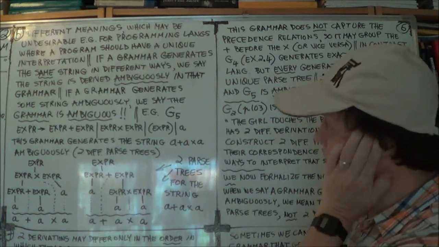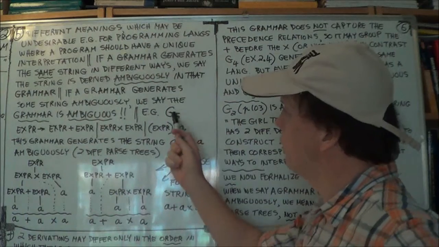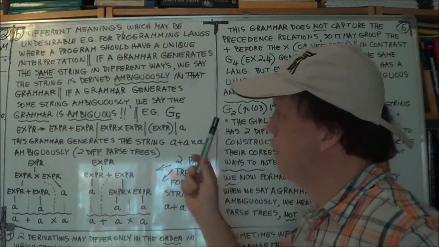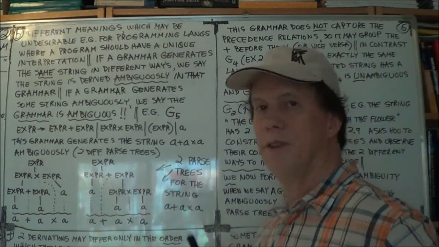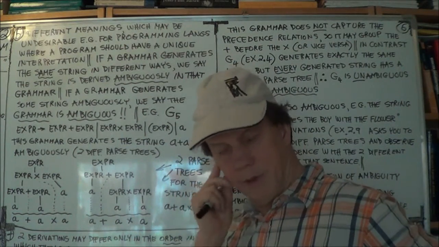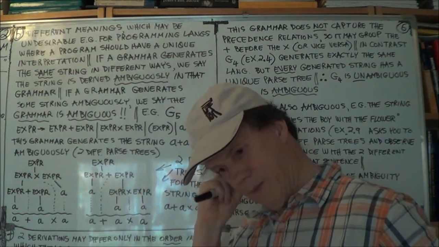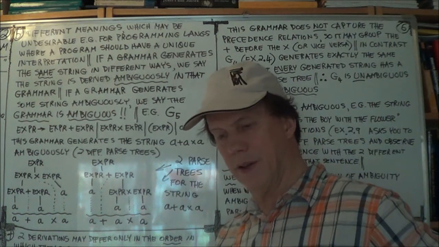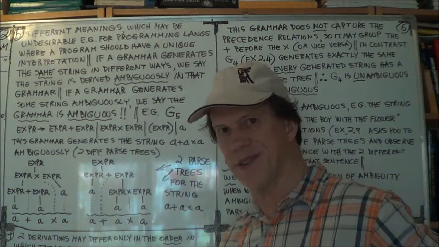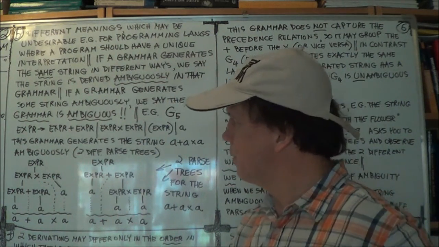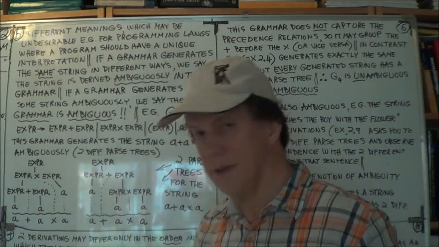Alright, so here's an example of another grammar. It's slightly different. It's G5, so G for grammar, our fifth example of a grammar. It's a sort of simplified version of G4. It does not have parentheses. And you will see that it is ambiguous.